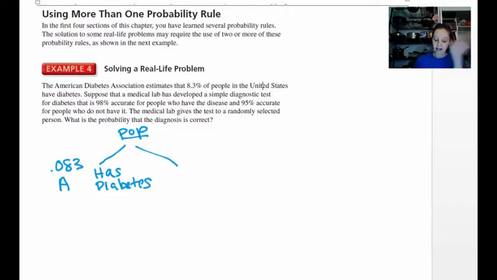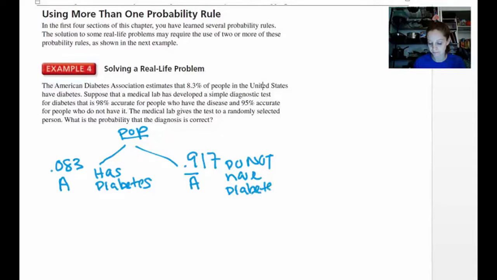So if 8.3% have, that means 91.7%, or 0.917, do not have. This is the complement of A. Do not have diabetes. Okay, that was my first level.